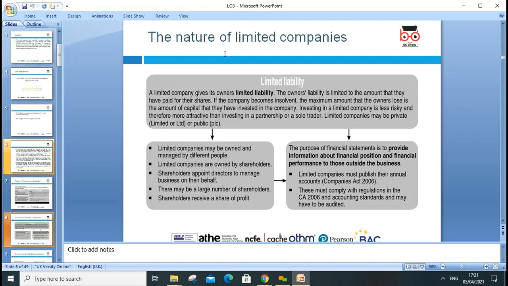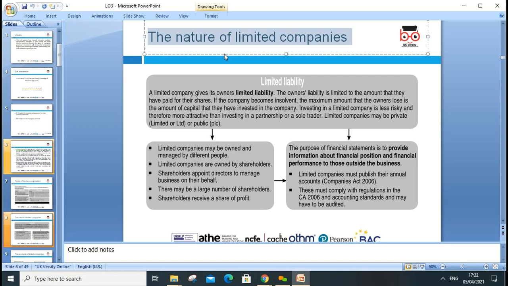Then we have companies with limited liability. Companies normally have limited liability, and in the UK we have the Companies Act, and in other parts of the world, a lot of countries have a similar Companies Act.